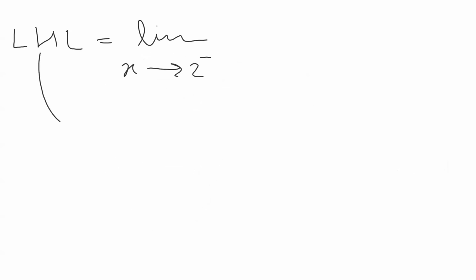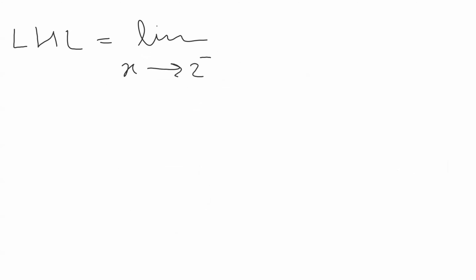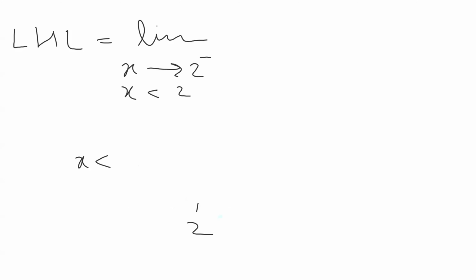First, the left hand side limit is equal to limit x approaching 2 minus. 2 minus is nothing but x approaching 2 from the left hand side. Now when we say left hand side, all these values are lesser than 2. Now look at this first slide.